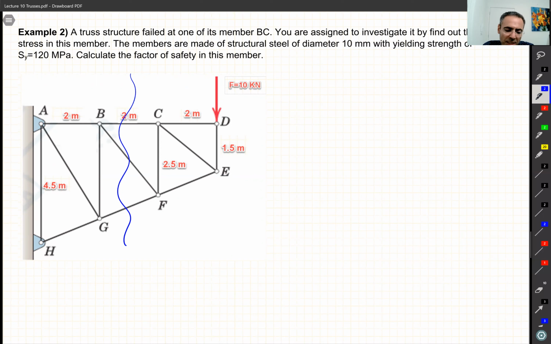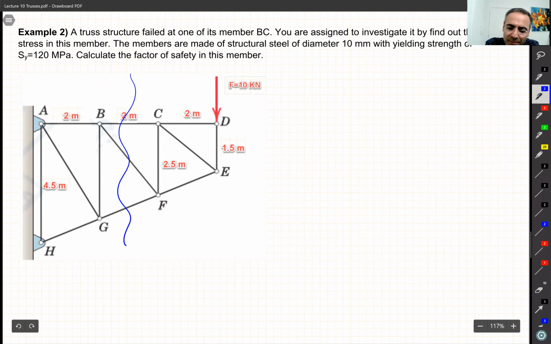Now that you section it, imagine that you cut these 3 members and you just keep one side and throw out the rest. Like this one, I just imagine that the left side, I throw it out. It's invisible, it's not there. What I can see here is only this right section.